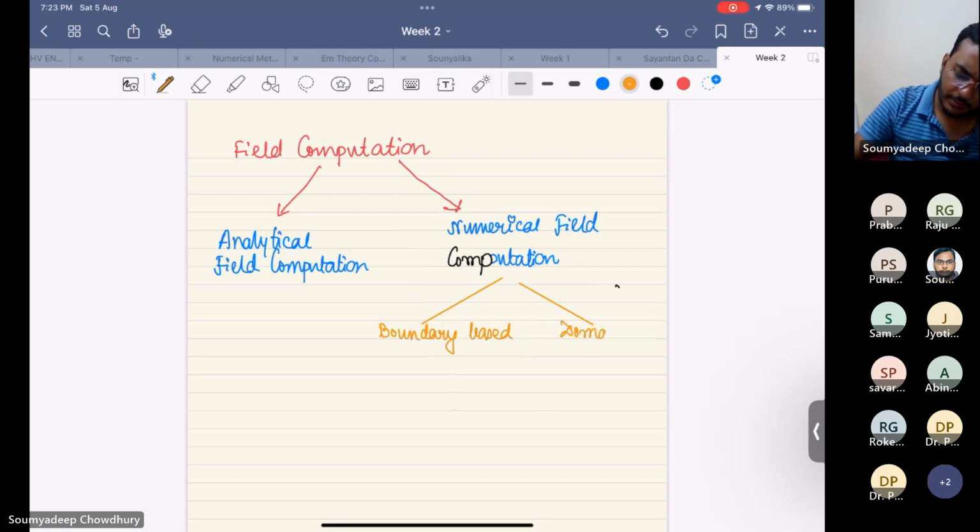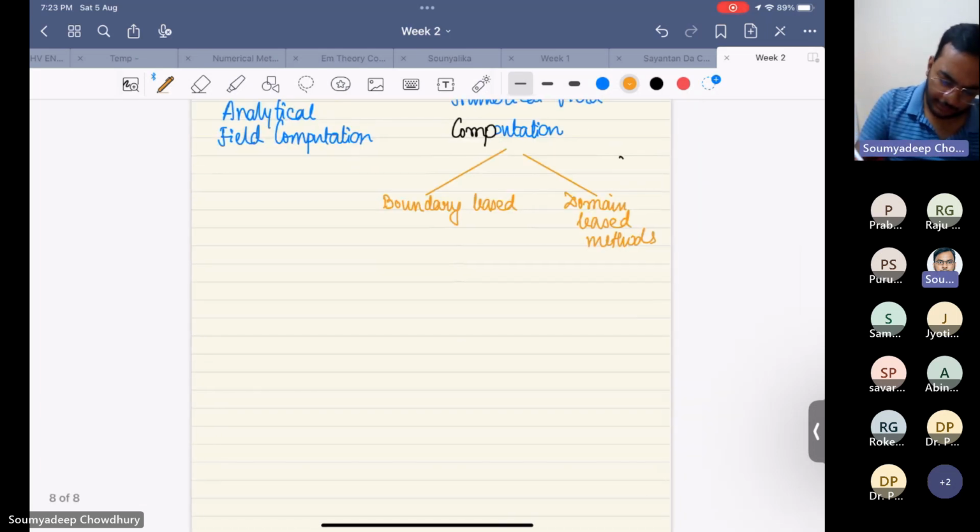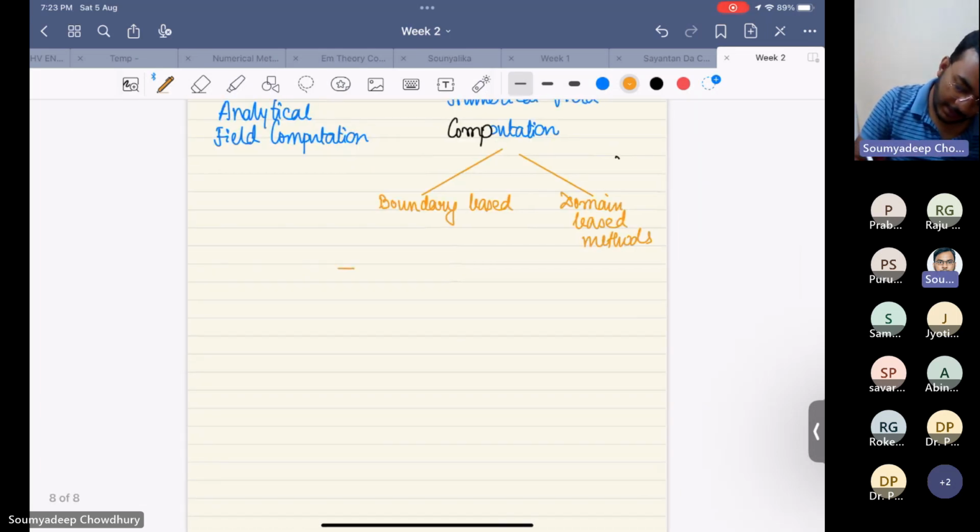Another is domain based methods. So basically, suppose you have an electrode shaped like this. I'll explain the difference between boundary based and domain based.